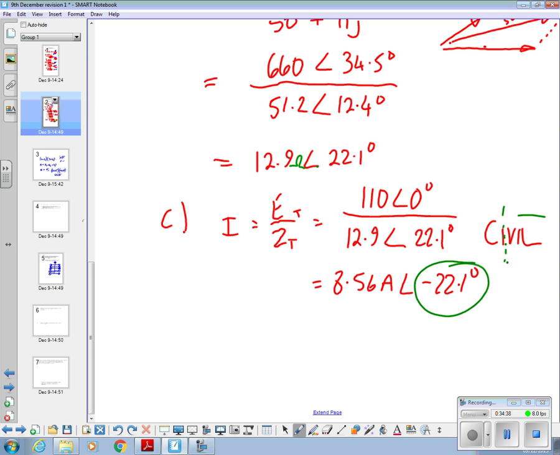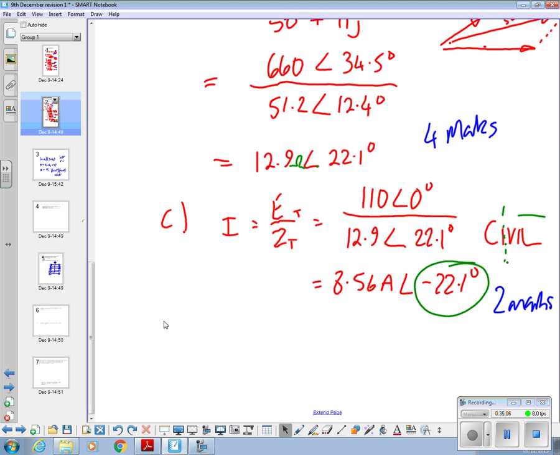Okay, so for that part of the question, the one before here was 4 marks. That's 2 marks. Again, if you drop units and things, I tend to take a mark off. If you got the angle wrong, didn't put the minus sign or something, take the mark off.